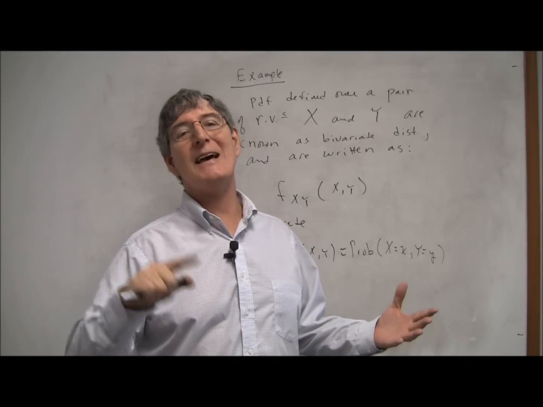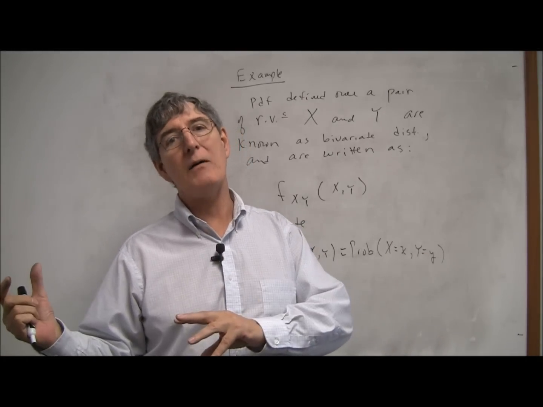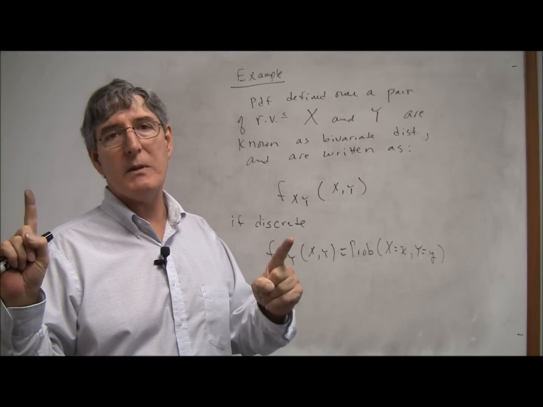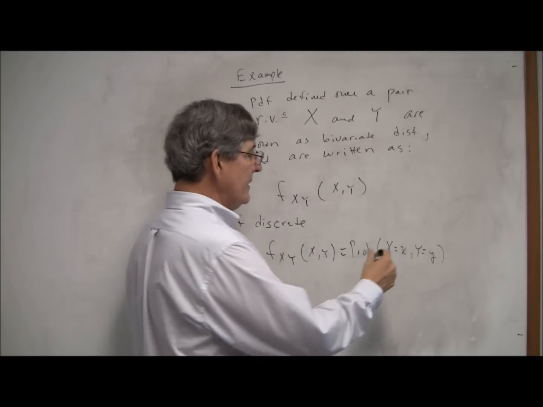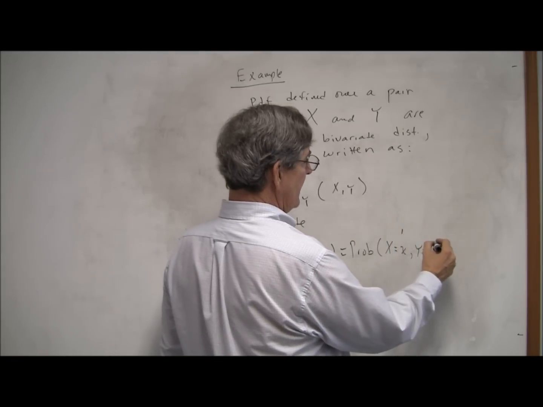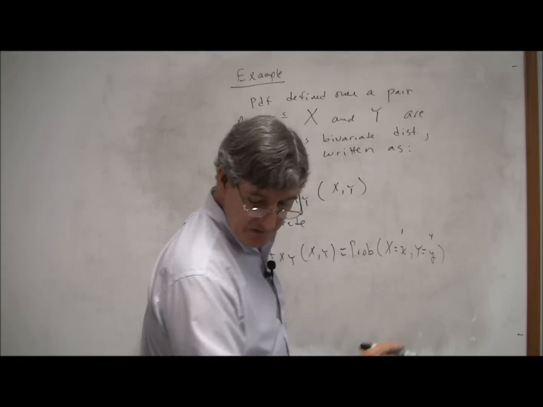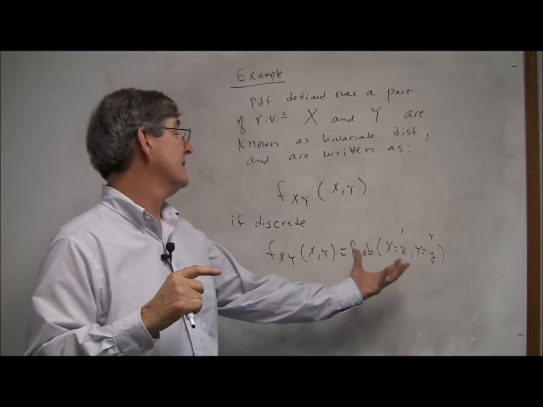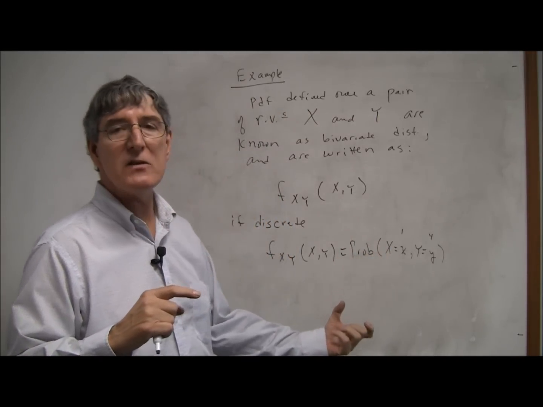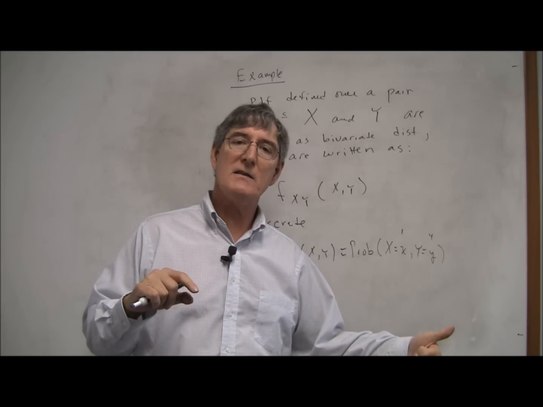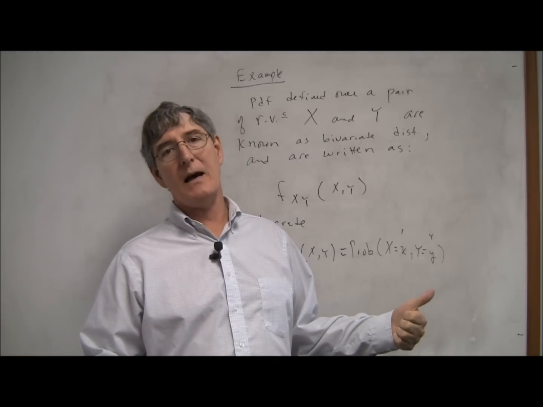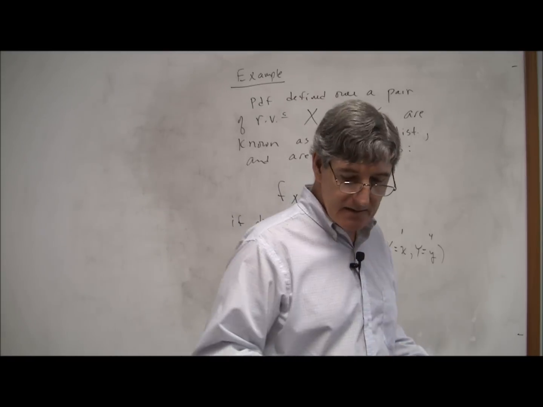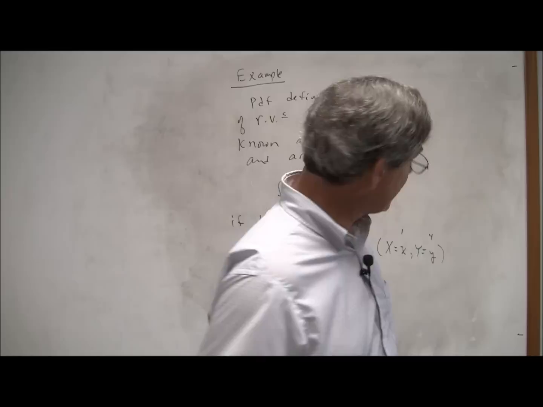Then we're going to spin it a second time, and that's the second outcome. The spinner is 1 through 4, the possible outcomes. We could ask, what's the probability that x equals 1 and y equals 4? How likely is it that when we spin it twice, we'll get a 1 on the first outcome and a 4 on the second spin? That would be a bivariate distribution. It's 2 random variables working at once.